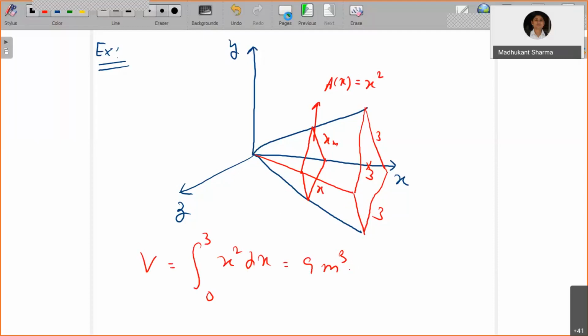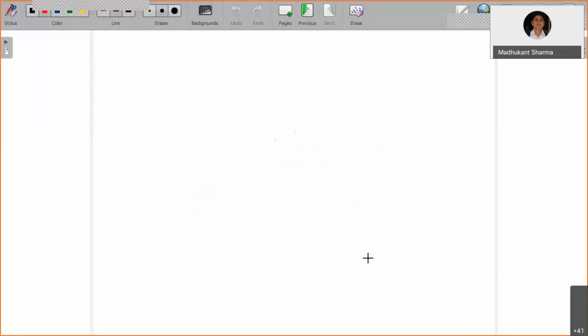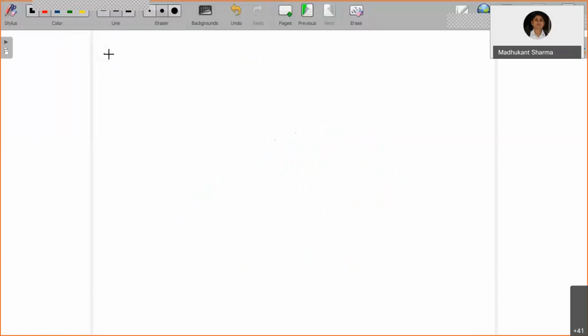Now, another application we want to consider is the volume of a solid of revolution. Let's consider rotation about the x-axis.